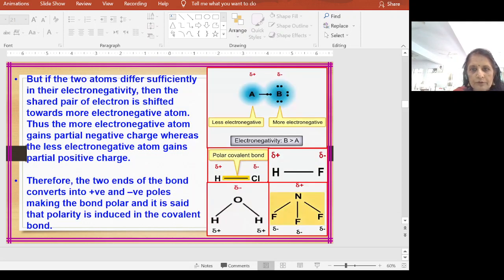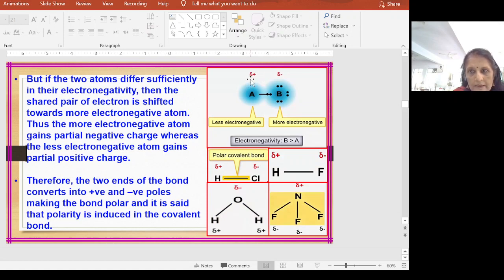But what if the two atoms differ in their electronegativities? Then the electron pair will be shifted more towards the more electronegative element or atom. For example, here you can see A and B. Now B is more electronegative than A. So the electron pair will be shifted towards B. As a consequence, B will develop a small negative charge, which we represent as delta negative, and consequently A will have delta positive charge.